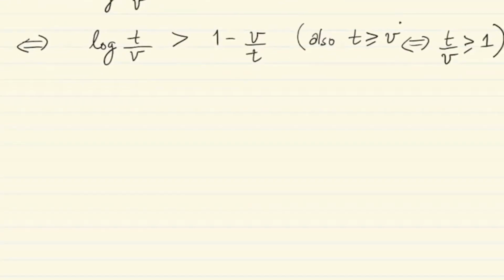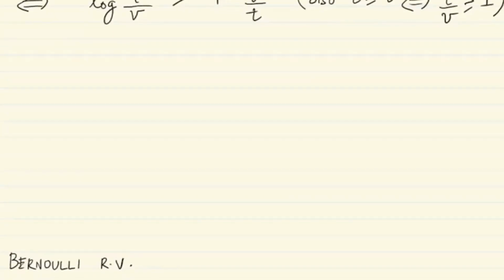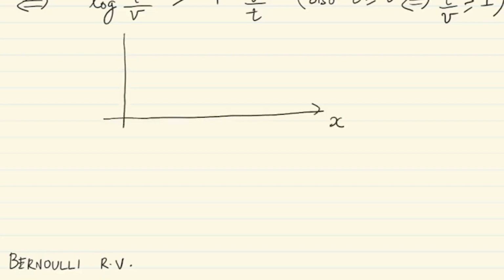So let's think of t over v as some number x, this ratio x. Let's plot on the x axis the quantity x. On the y axis we'll plot the difference between the left and right hand sides of this expression, so log x minus 1 minus 1 by x.